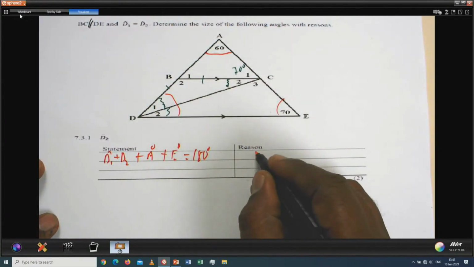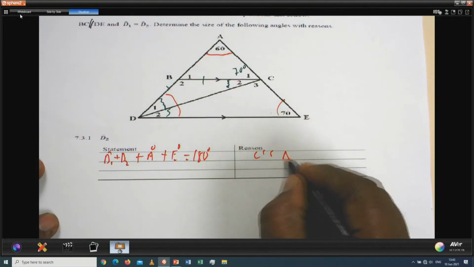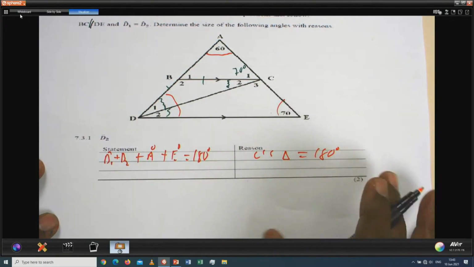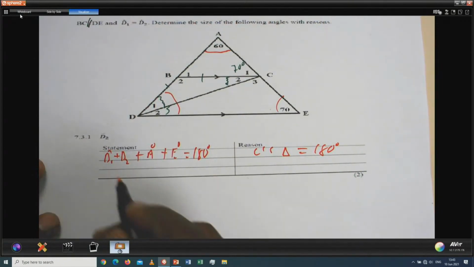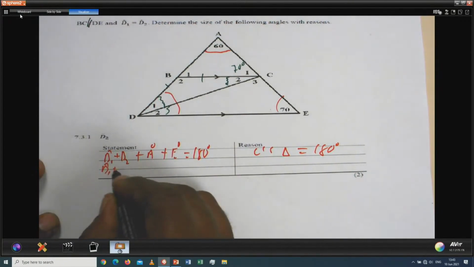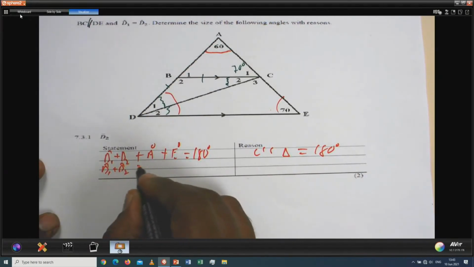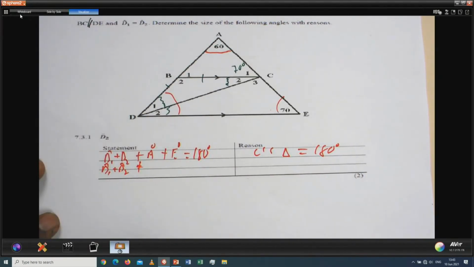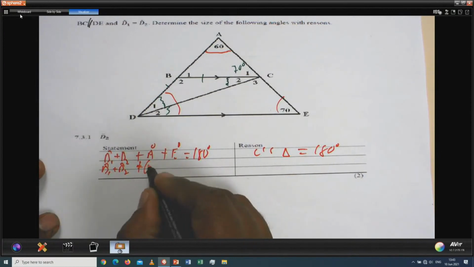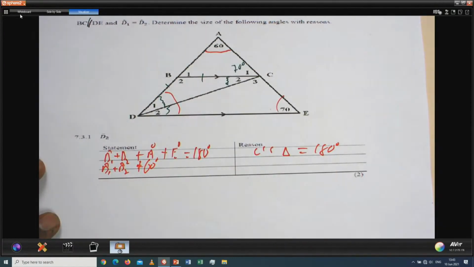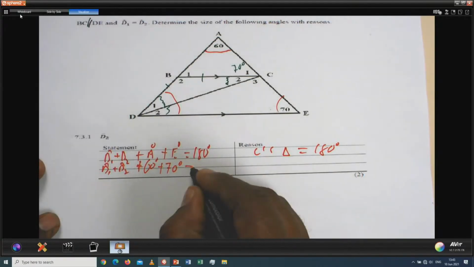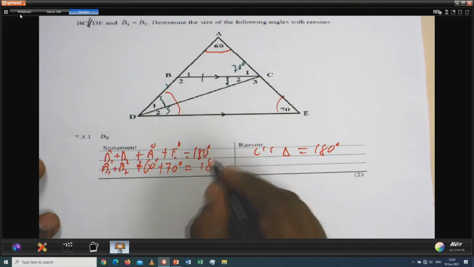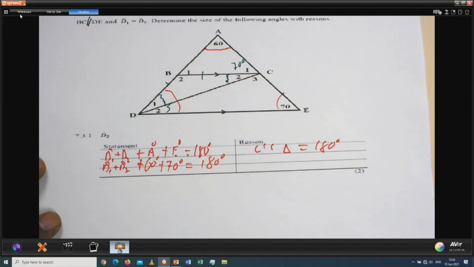Again, angles of a triangle equal 180. That is the reason. Now D1 plus D2 plus what is A? You are given A is 60 degrees. What is E? You are given E is 70 degrees. All equal to 180 degrees.